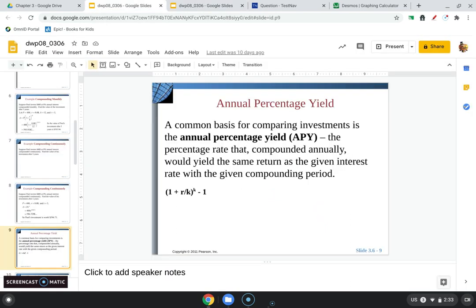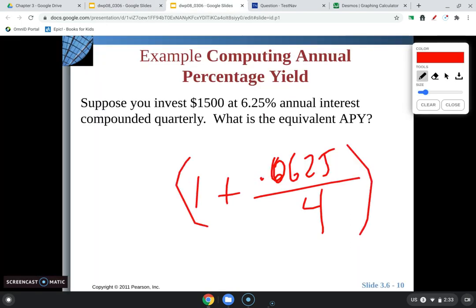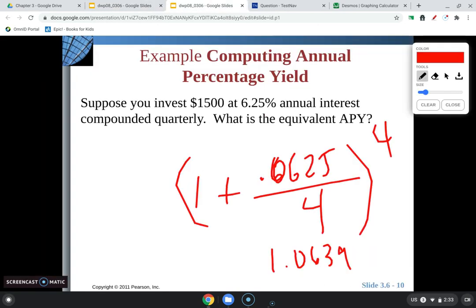And then we want to take all of that to the 4th power. So 0.0625 divided by 4, add 1 to that, and take that to the 4th power. That gives me 1.0639. But then if you remember, you subtract 1 from the formula, so just take minus 1 on your calculator, 0.0639, so about 6.4% would be the annual percentage yield.